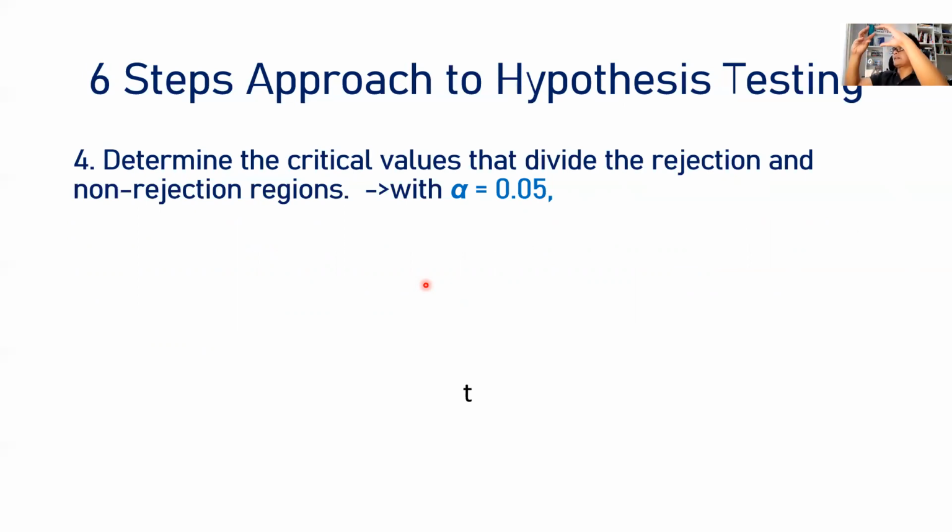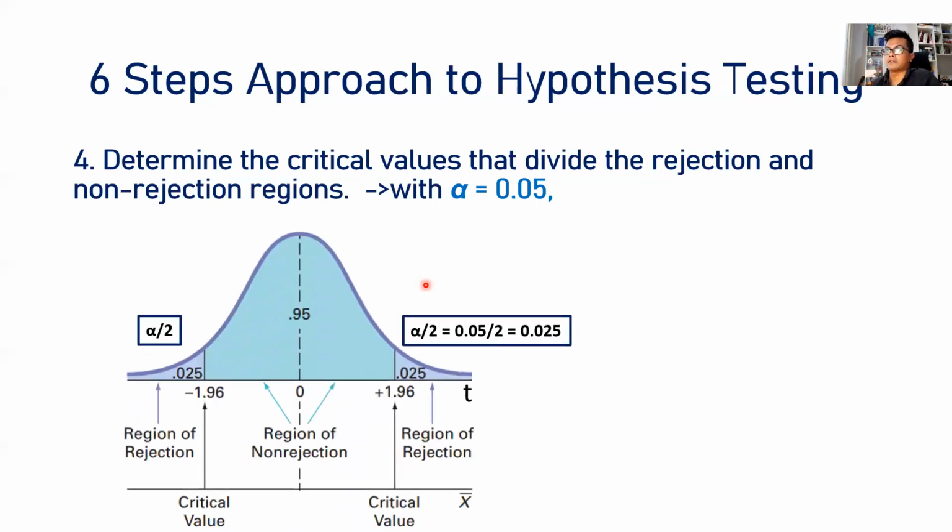Thus the error probability has to be divided between the right tail and the left tail. Here, 0.05, because we want to see whether the difference between mu1 and mu2 is close to 0 or not. We have to determine what t value applies here.